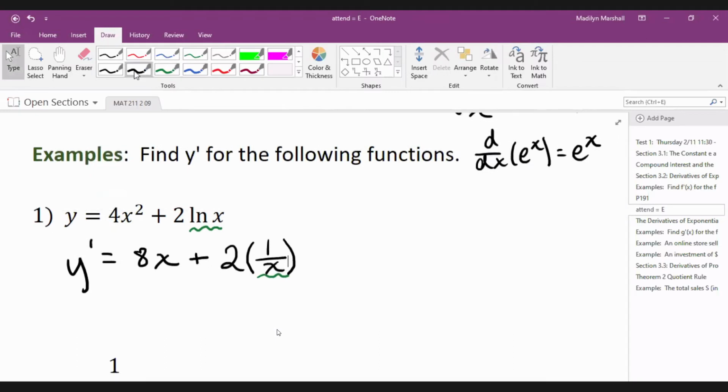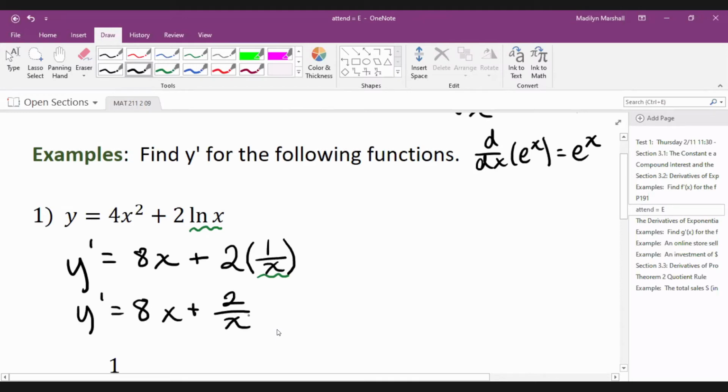It is more natural to write it as 2 over x. So that 2 is just multiplying to be on top of the x. It's not quite simplified yet to write it as 2 times 1 over x, so I would say this is better.